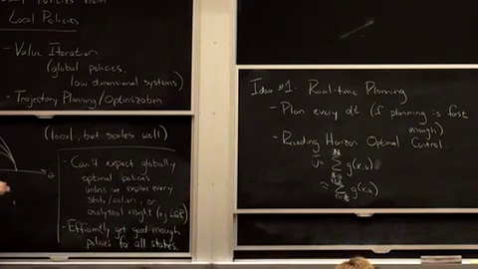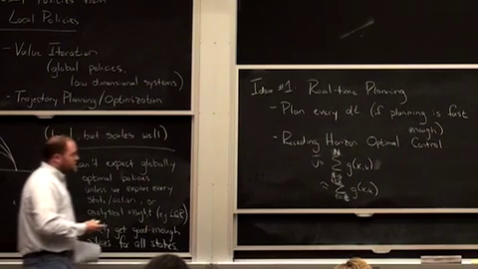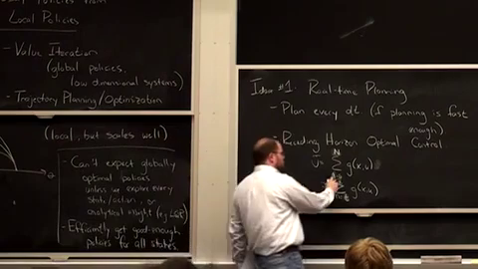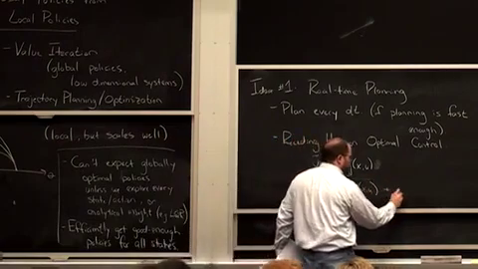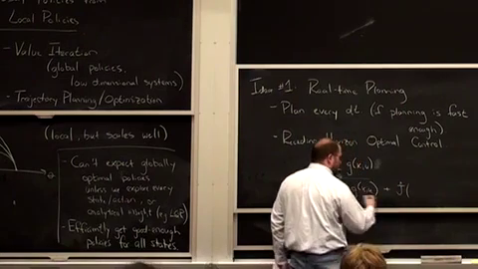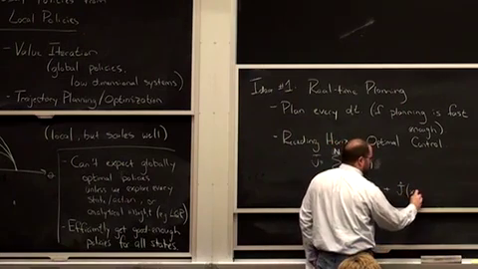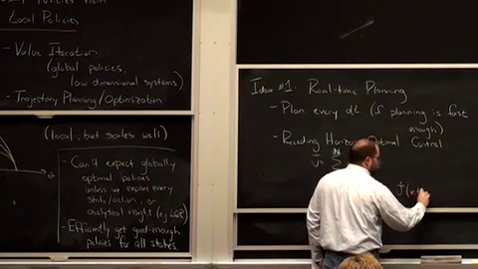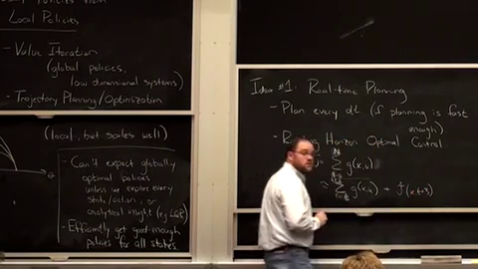That could be an arbitrarily bad estimate of my long-term cost, of course. If you're clever enough to have a guess at the long-term cost, then you can put in some sort of estimate of what J(x) from t plus 3 might be, and that's going to help.